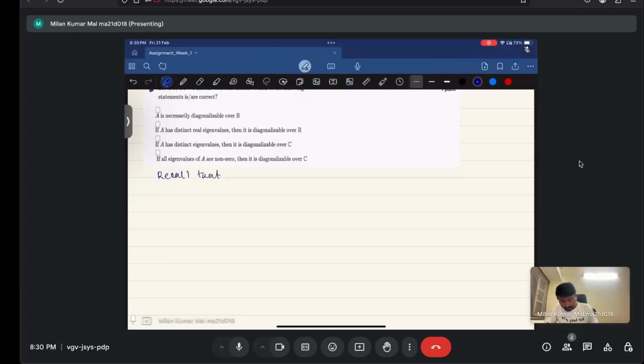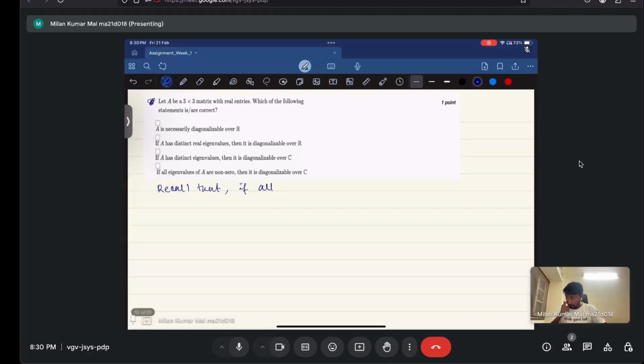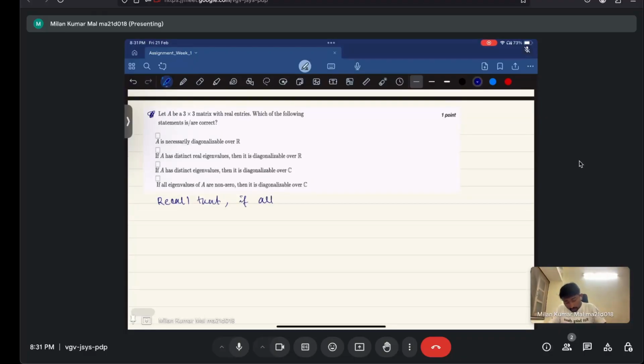recall that if A has distinct real eigenvalues, then it is diagonalizable over R. Okay, so it is clear that if A has distinct eigenvalues, then it is diagonalizable over C. That's true, that we have shown.